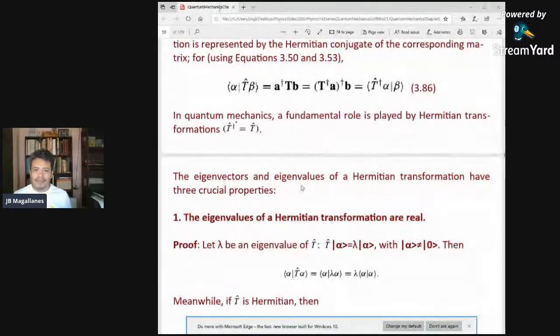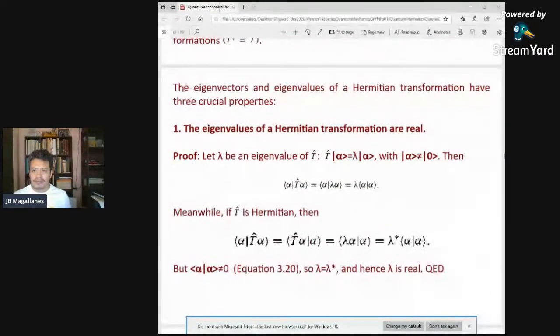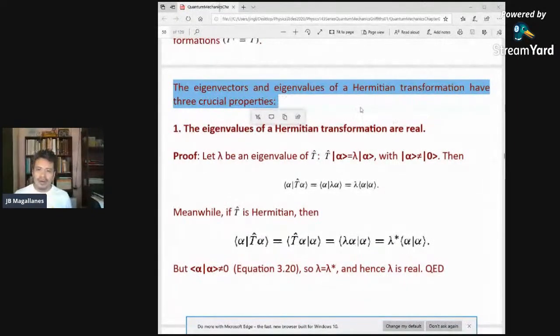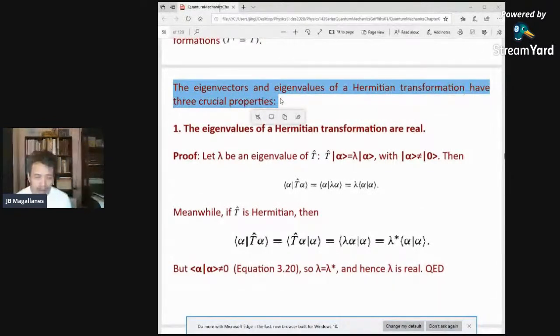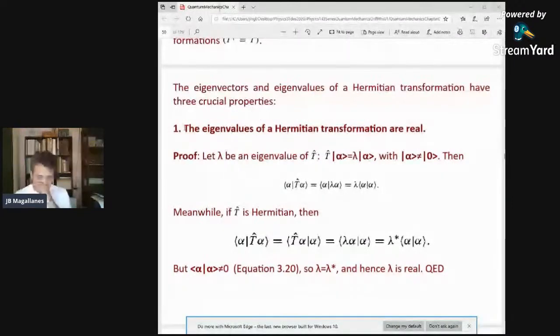By the way, the eigenvectors and eigenvalues of a Hermitian transformation have three distinct properties. The eigenvalues of a Hermitian transformation are real, meaning it has no i component.